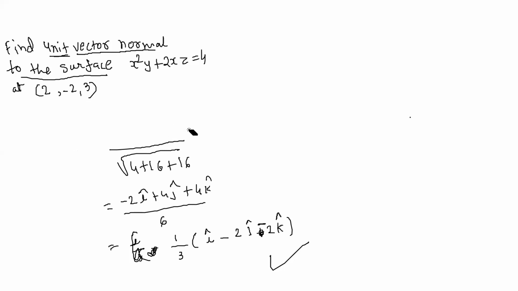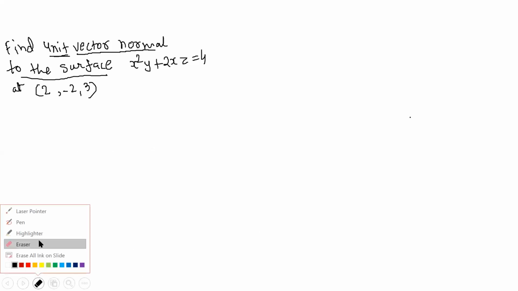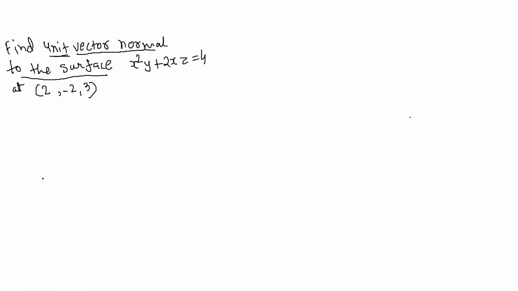So your next assignment question is: find the unit vector normal to the surface x y cube z square equal to 4 at the point -1, 2. Find the unit vector normal to the surface x y cube z square equal to 4 at the point -1, 2.